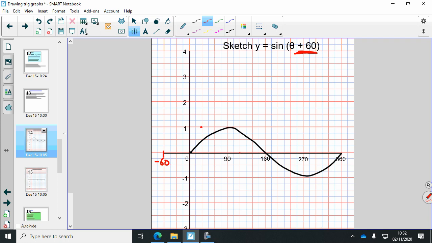So all these points move back 60. So the graph of sine of theta plus 60 looks like this. It's a little counterintuitive because you'd think plus 60 you should start plus 60, but no, you're trying to compensate for this plus 60, so you start at minus 60. So it moves in the opposite direction to what it's written as.